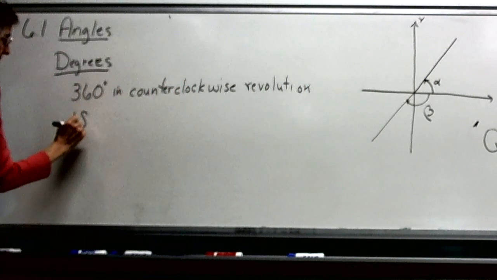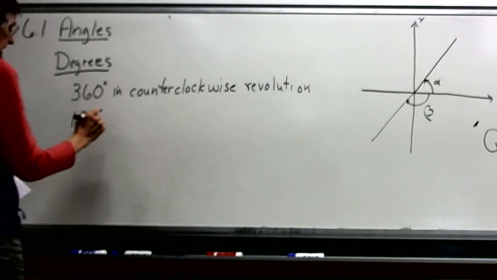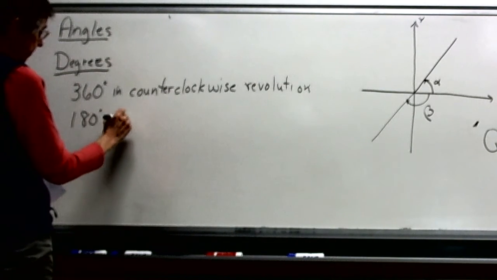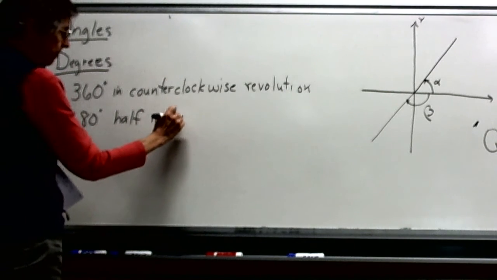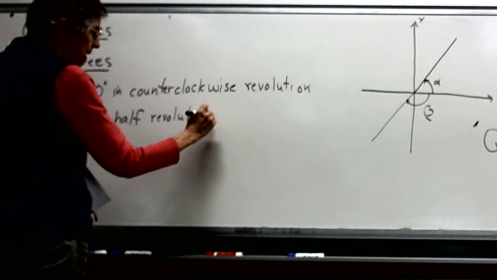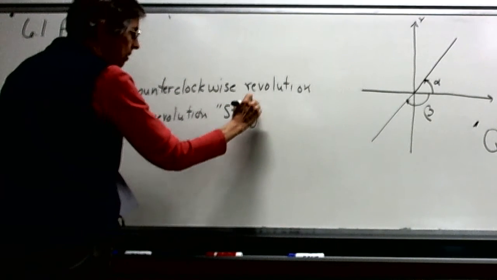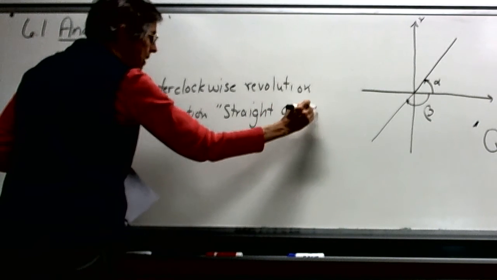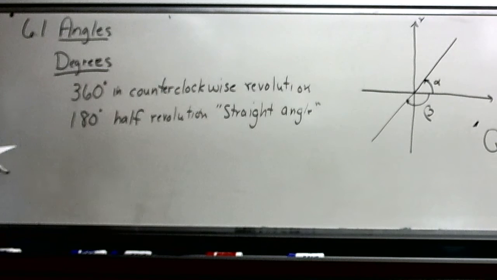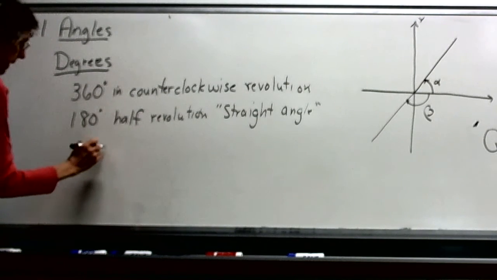We say that 180 degrees then would be half of a revolution, called a straight angle. 90 degrees we call a right angle.